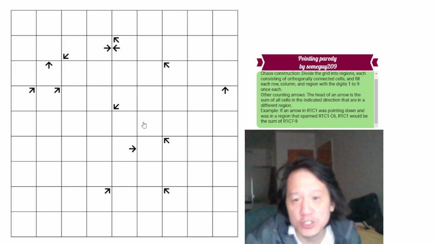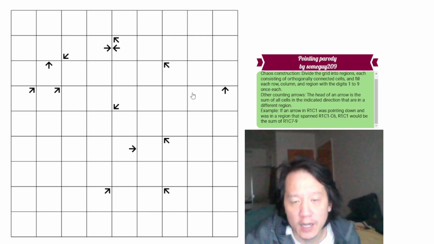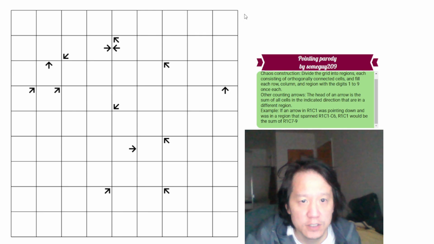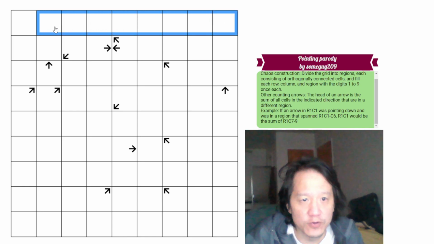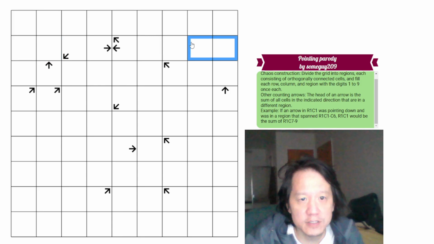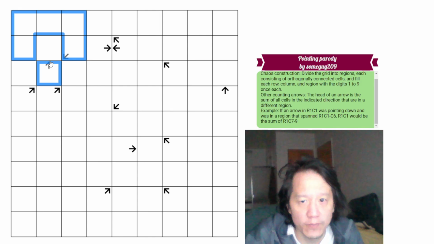Chaos construction rules. Divide the grid into regions, each consisting of orthogonally connected cells, and fill each row, column, and region with the digits 1 to 9 once each. So instead of the normal 3x3 boxes, we actually have to develop regions.